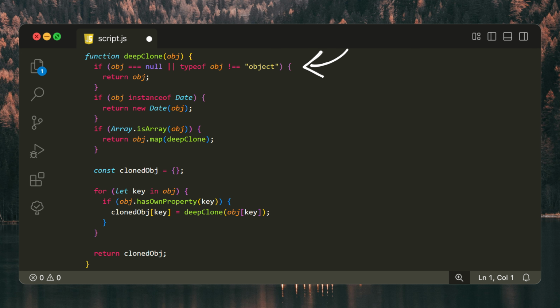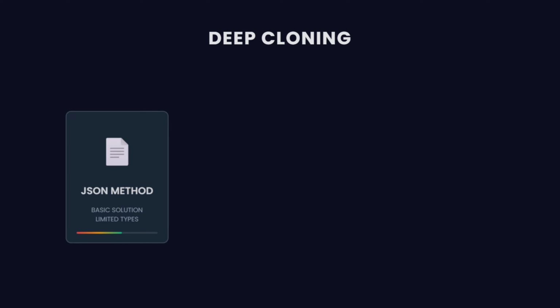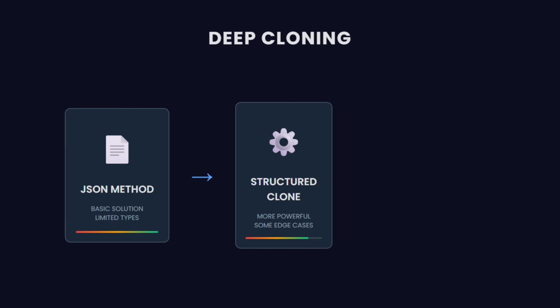If so, it returns it directly. If the value is a date, it creates a new date with the same value. If the value is an array, it maps over each item and applies the deep clone function recursively. For plain objects, it iterates through each key and calls deep clone on the value, building a new object from scratch. This solution is much more powerful than the JSON method, and it supports many real-world use cases.